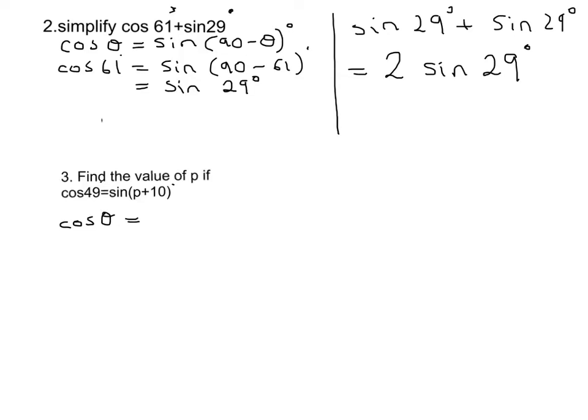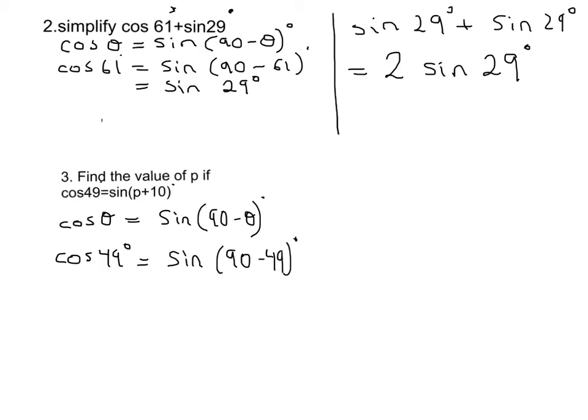Cos theta is equal to sine 90 minus theta degrees. So, cos 49, now we replace theta for 49. I end up with sine 90 minus 49.